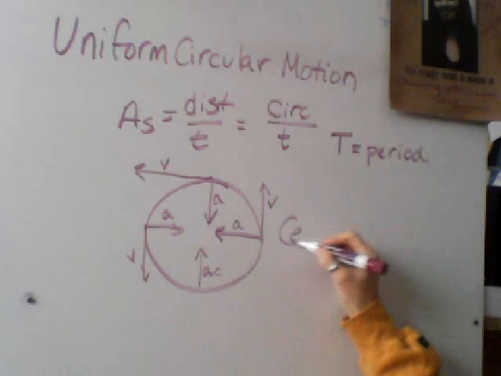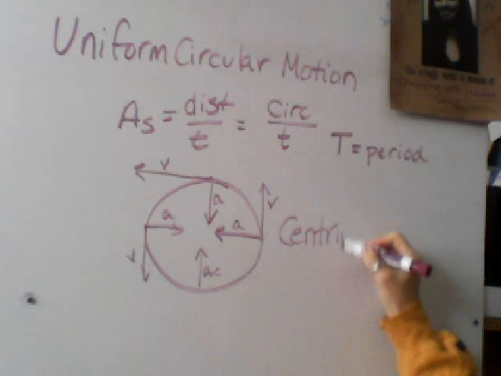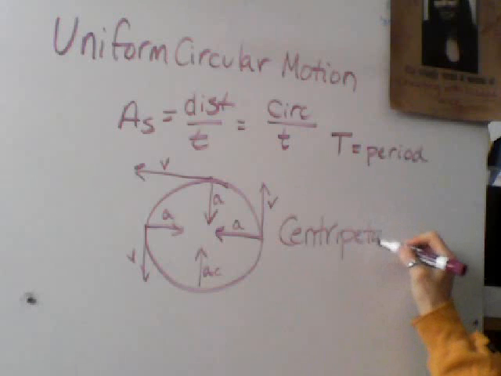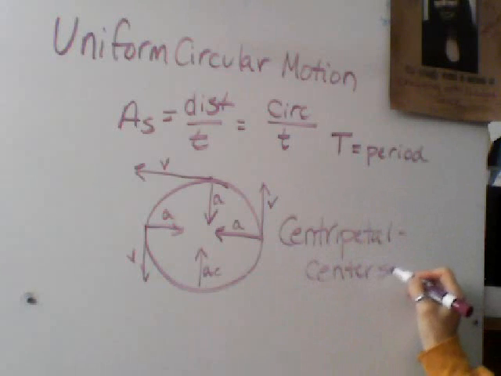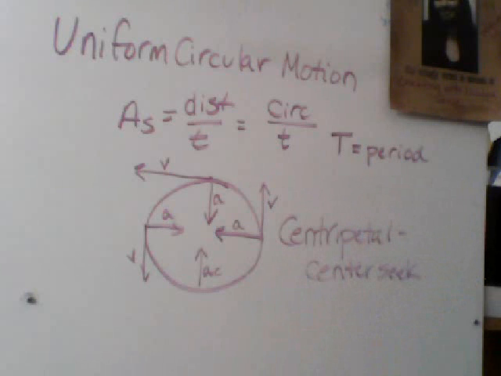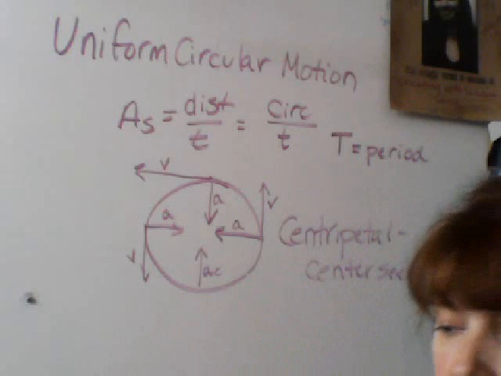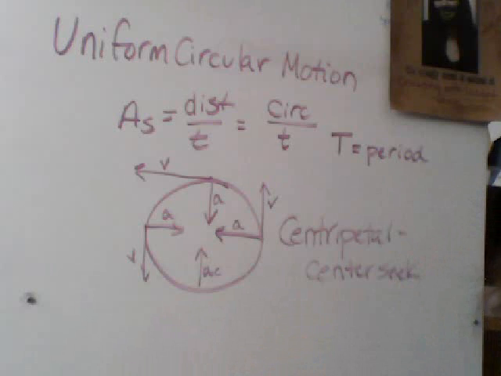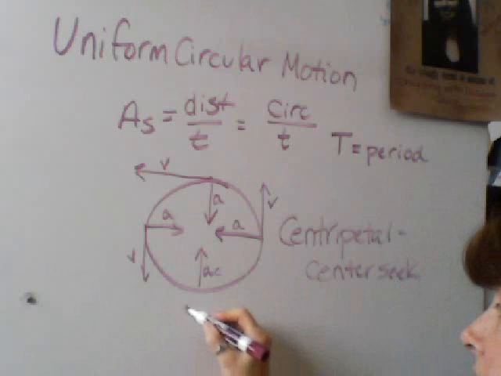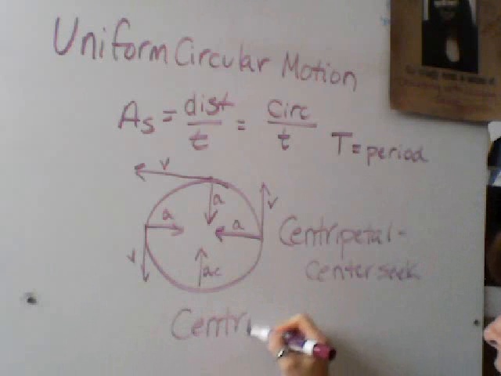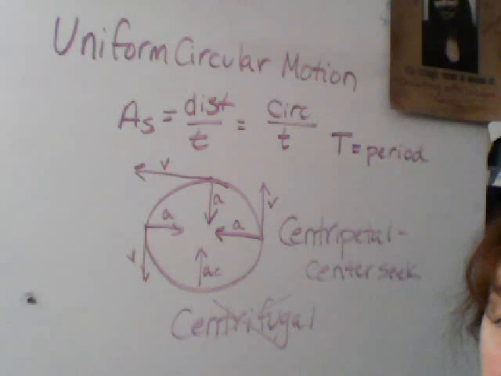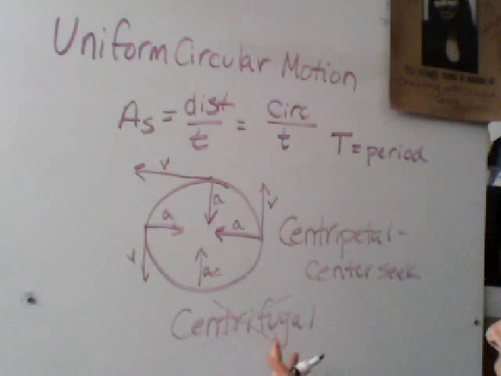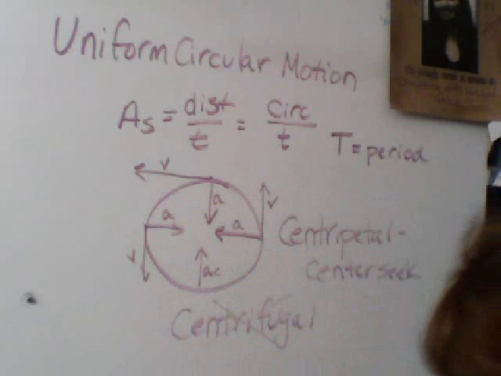So centripetal actually means center seeking, and it's not to be confused with centrifugal, which we all know we shouldn't use the F word. So do not use the word centrifugal, because that means outward, and so that's not what we're talking about when we talk about centripetal acceleration and centripetal motion.